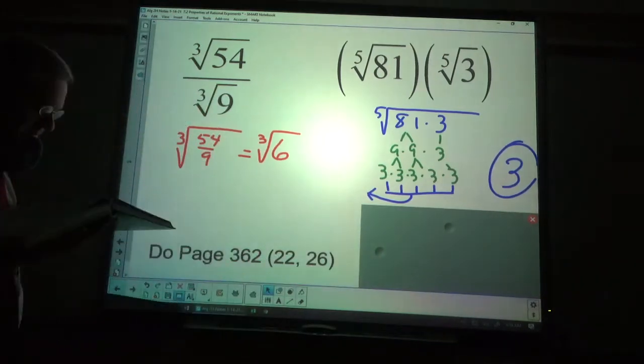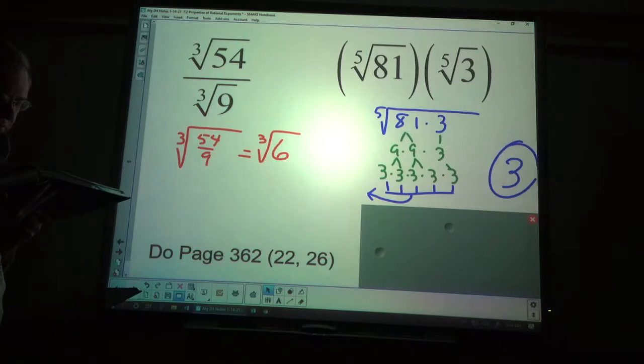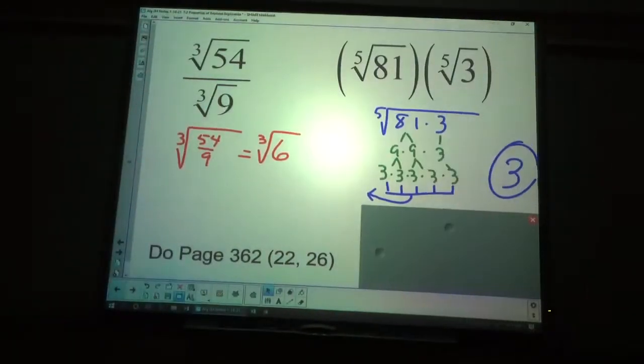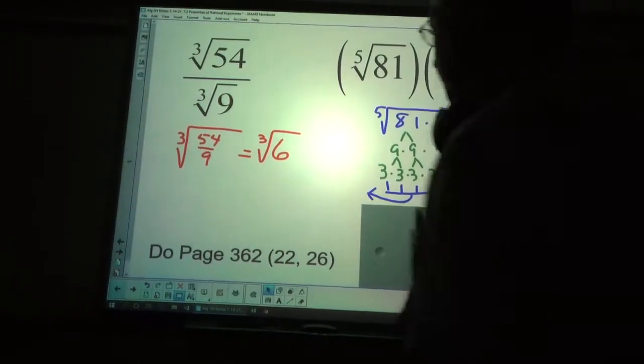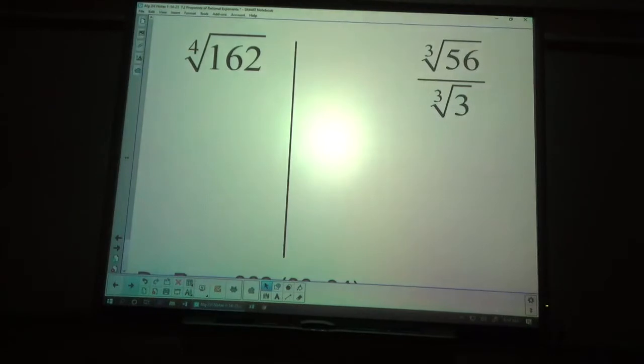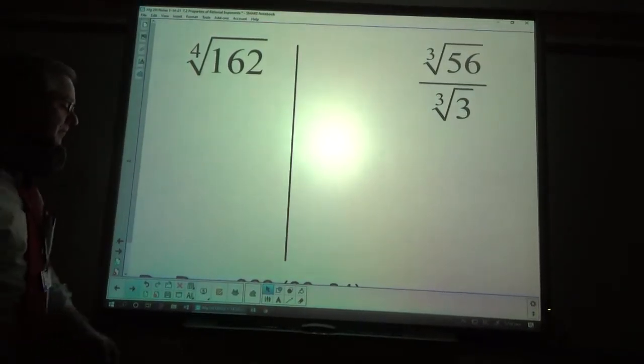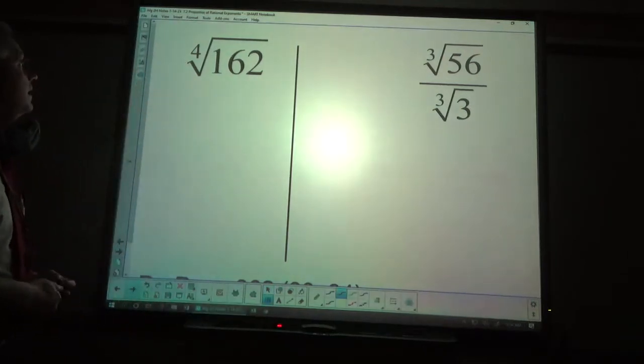And 26. So if you have the book, 22 is negative 3, 26 is positive 3. Okay. Let's go on to this one. Now, if you don't have the book, I understand. Don't worry about it. Here we go.